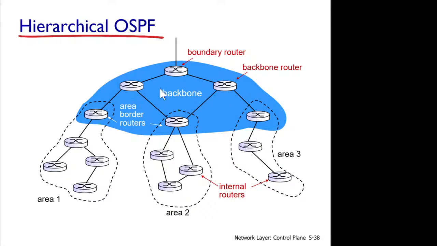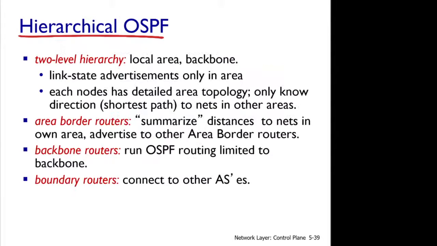And of course, the backbone also runs its own link state algorithm as well, and it summarizes. If there's a datagram destined for area 2, that's just summarized as this one router here. So the backbone just sends it to that router.